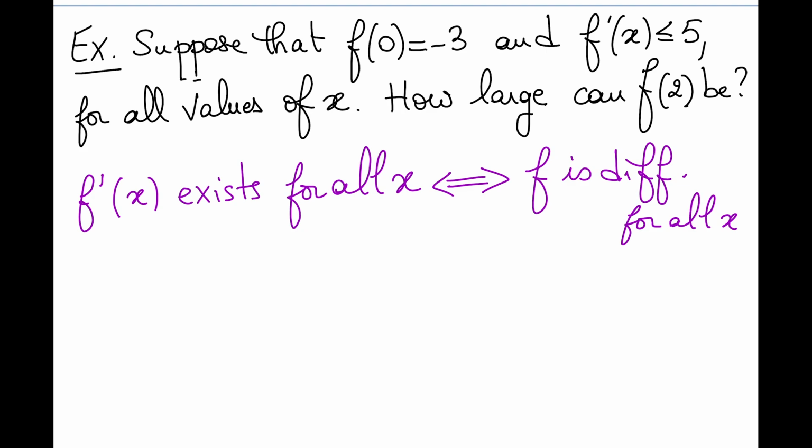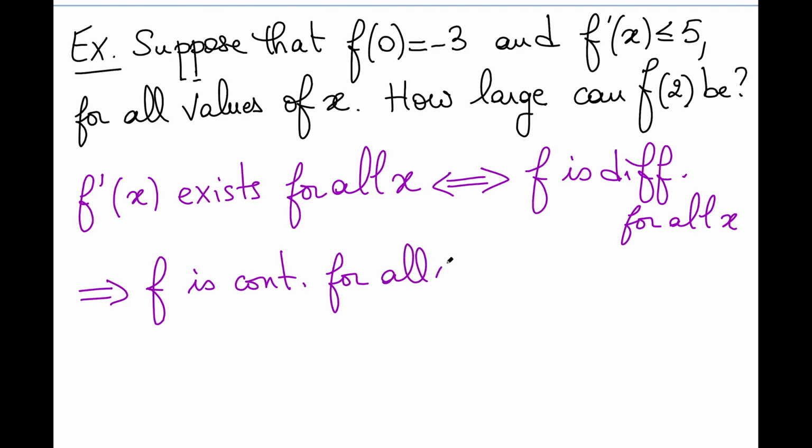And every differentiable function is continuous, right? This implies that f is continuous for all x. Correct? The function f is continuous for all x.